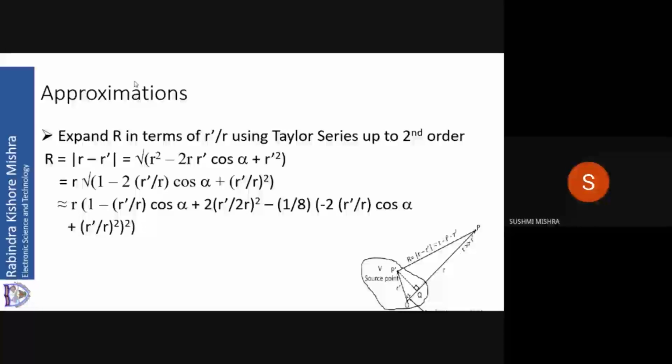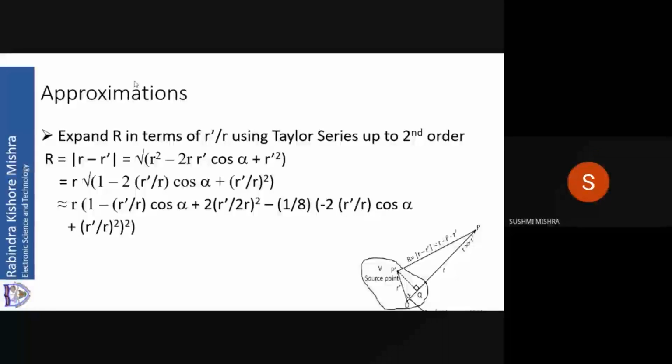Inside will be 1 minus the whole thing, whatever it is there. So 1 minus x. X will be 2 r dash by r cos alpha plus r dash by r square. So if I write that in Taylor series expansion, it will be 1 minus x minus 1 upon 8 into x square. Okay. So that is what I am going to write.